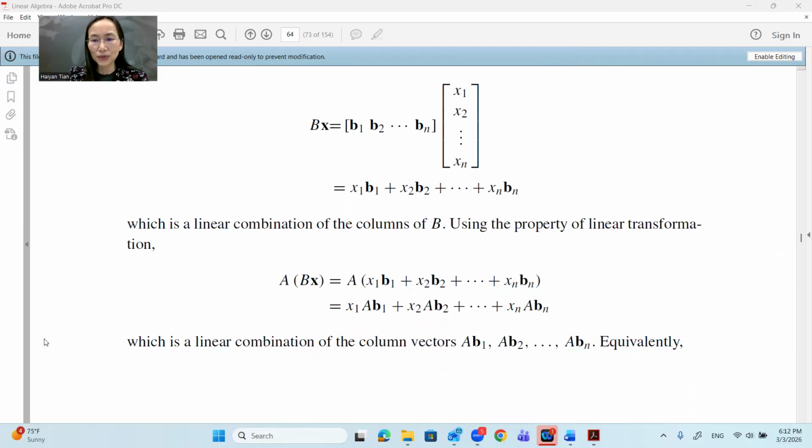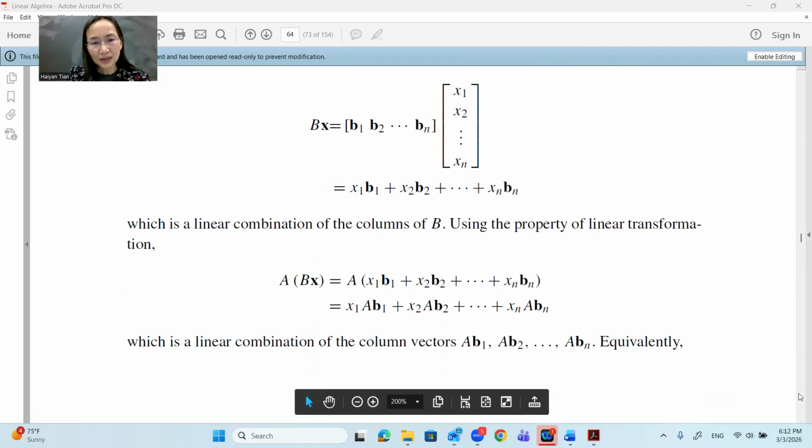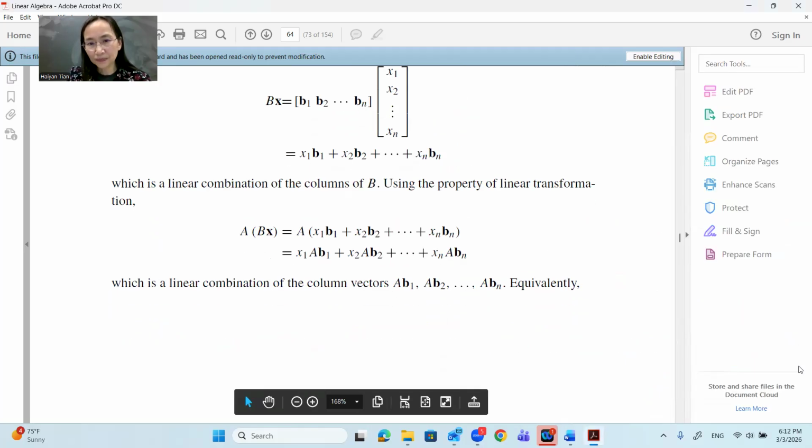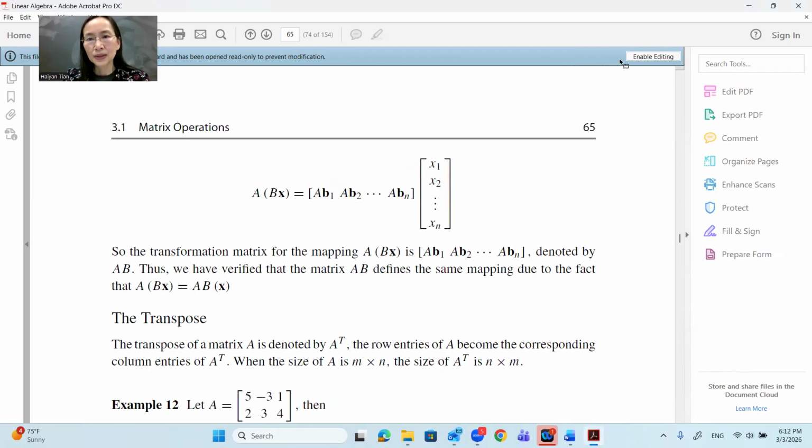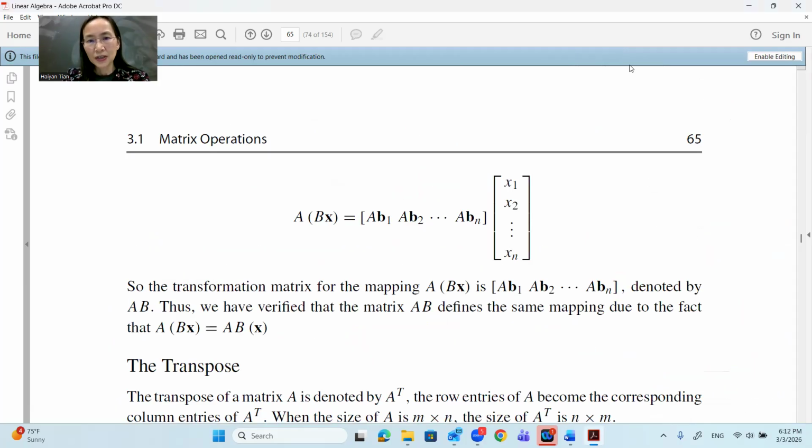Okay, now we're ready to use this method. Whatever x you give me, I can calculate the image of x under this composite transformation by multiplying x by this matrix, the transformation matrix corresponding to this composite transformation.